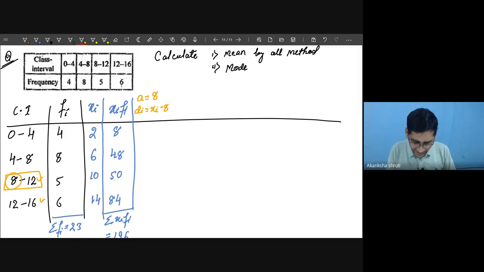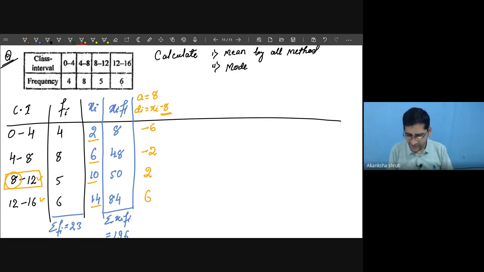So xi is 2 minus 8, so it becomes minus 6. Then 6 minus 8 is minus 2. Then 10 minus 8 is 2. Then 14 minus 8 is 6. Okay, students?